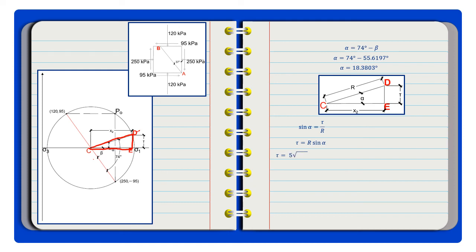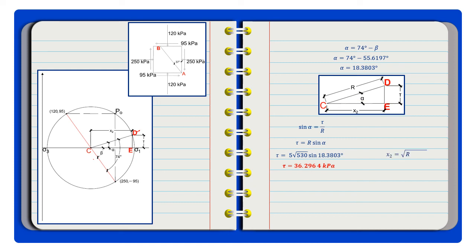So, substituting the values, we will have tau is equal to 5 square root ng 530 times sine ng 18.3803. So, our value ng tau na required is 36.2964 kilopascal. Then, after getting the value of tau, pwede nating kunin ngayon yung x sub 2 using the Pythagorean theorem or by using the cosine function.